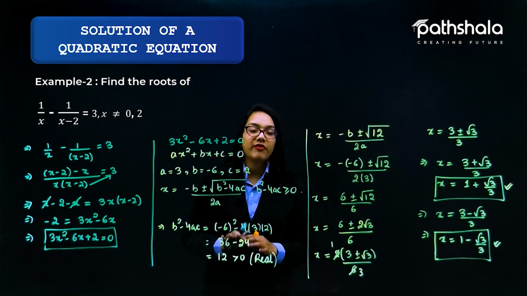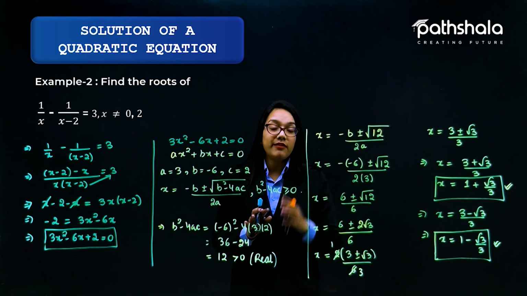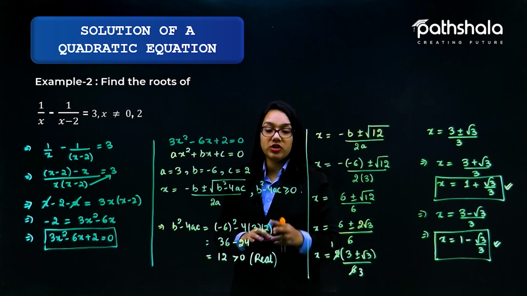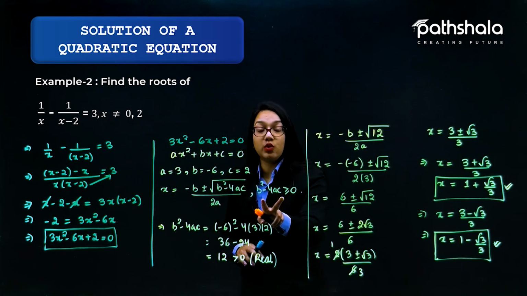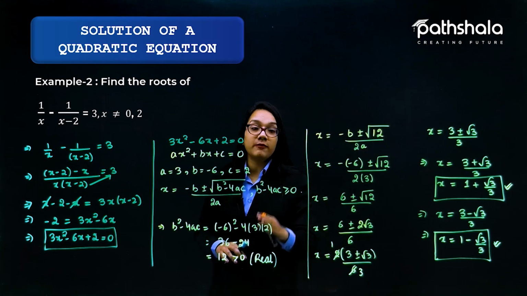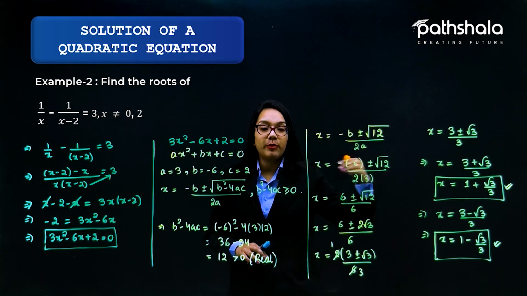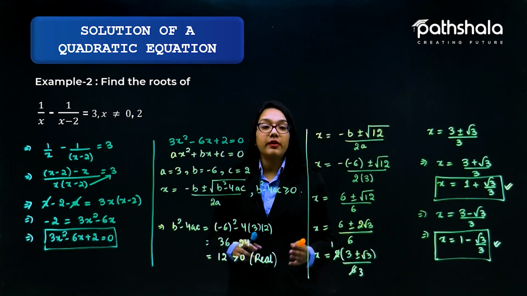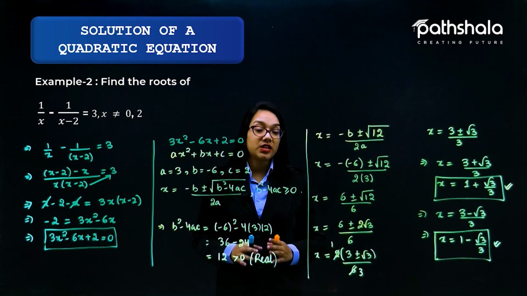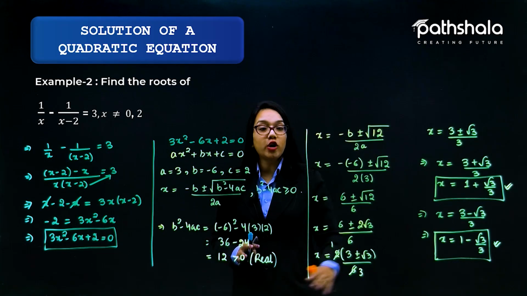So always remember, whenever we are using the quadratic formula, we first look at b square minus 4ac, whether it is greater than 0 or less than 0. If it is greater than 0, we proceed with the steps to find the value of x. If b square minus 4ac is less than 0, we will not proceed further.